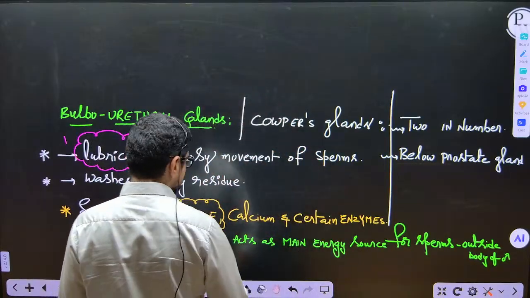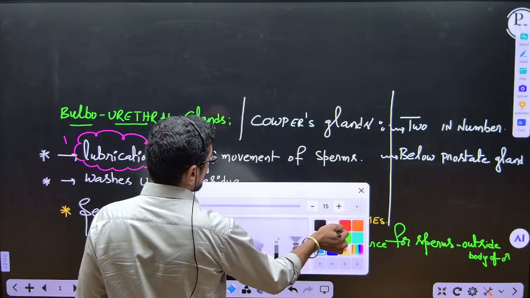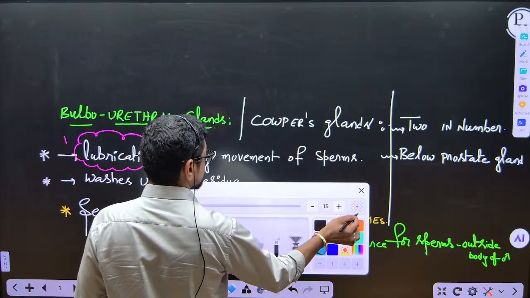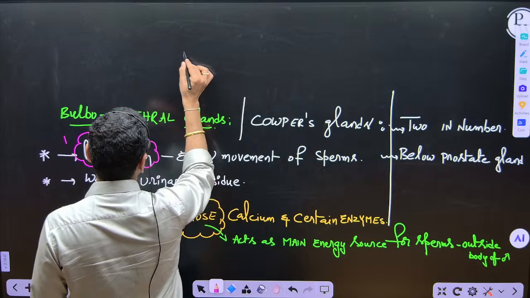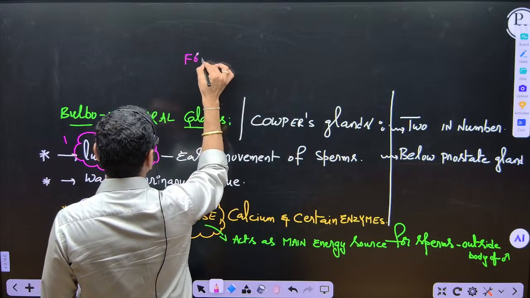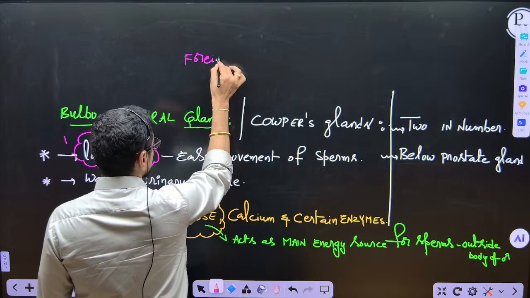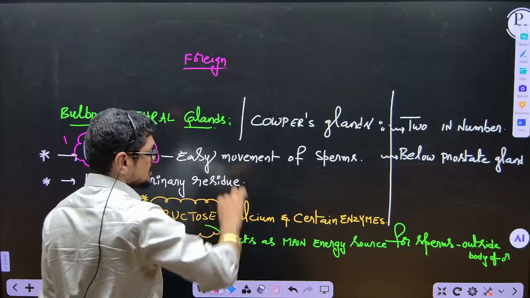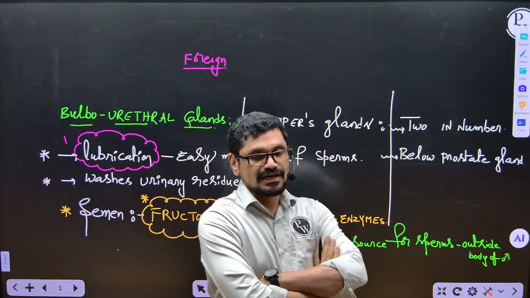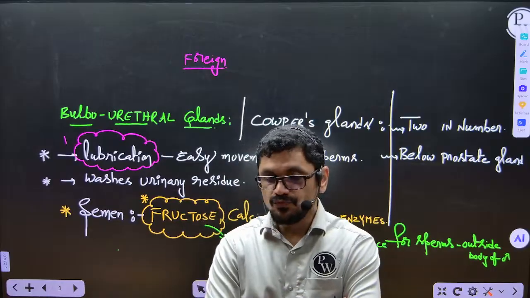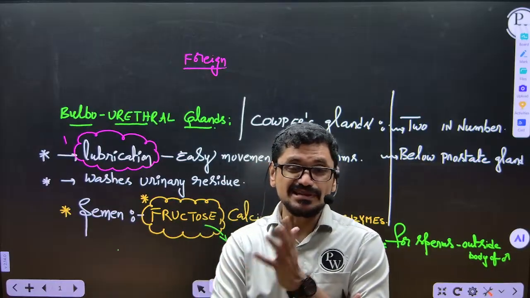Previously, one question was asked in the examination, which of the following... See, actually, in forensic medicine one question was asked. Forensic medicine, don't think it was asked in MBBS.